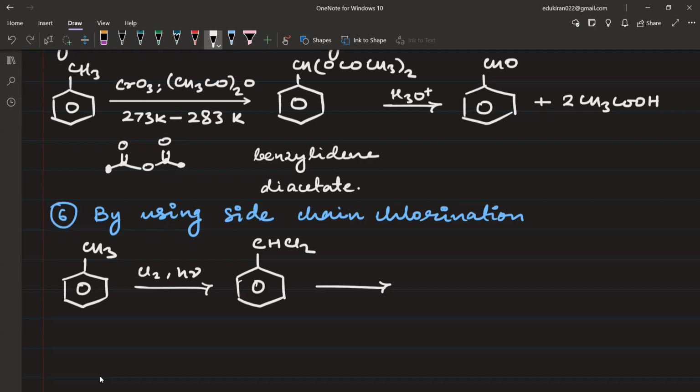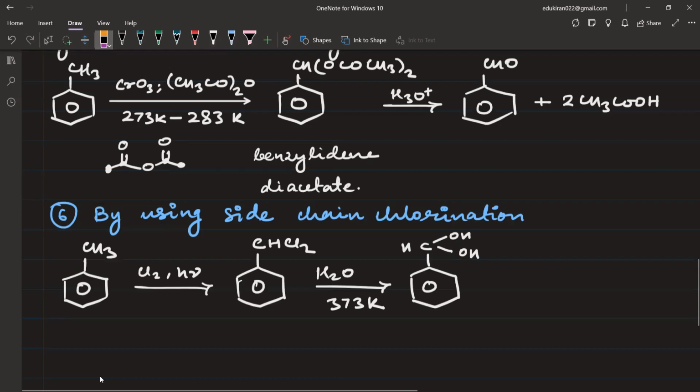After CHCl2, what is going to happen? You add water at high temperature, 373 Kelvin. And then these two chlorines will be replaced by OH. So you'll have CH and you'll have OH here and OH here. Now this is a case of gem diol. Gem diol means you have hydroxyl groups on the same carbon atom.